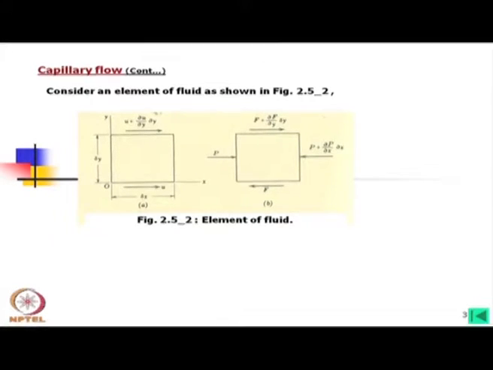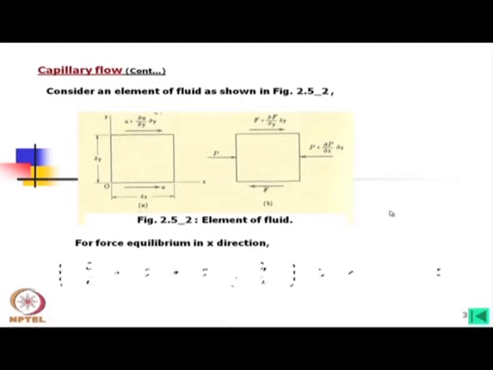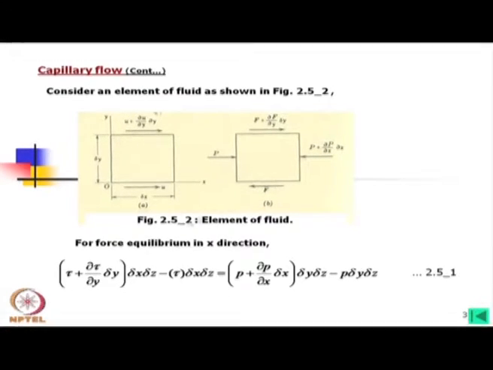Now, we can see this one component may be 0. Anyway, if we write down the equilibrium equation for this element, then clearly it is tau plus del tau by del y into del y, where tau is the shear stress between the layers, into del x into del z.